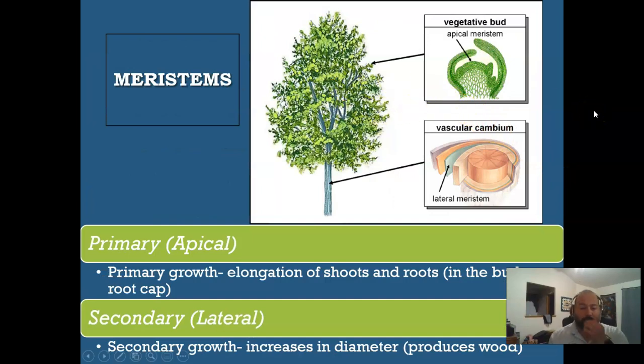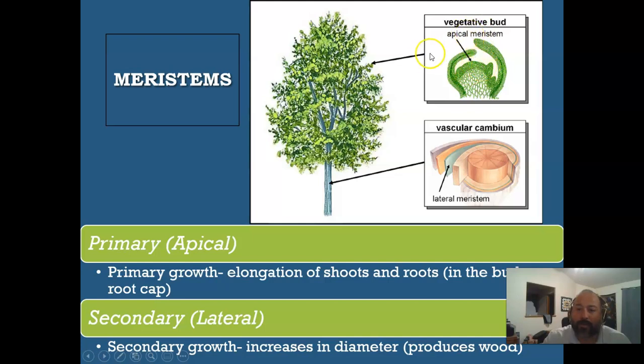In terms of the meristems, we have primary meristems, or apical meristems. Both of those words are interchangeable, and those take care of our primary growth. That meristem is in charge of the elongation of shoots and roots. So it's either in the bud. If we look at our picture right up here, it says a vegetative bud.